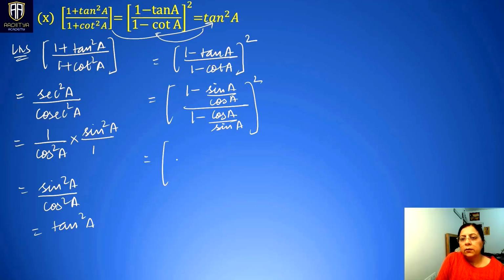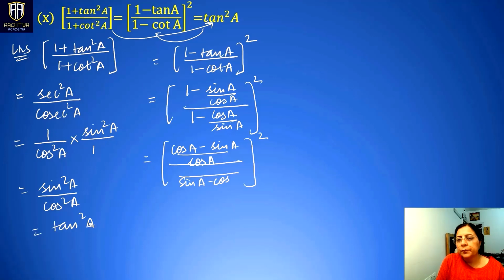So what we can see here, taking this as the denominator cos A, this is cos A minus sin A. This whole thing is raised to the power 2. We are solving just inside the bracket, and this becomes sin A minus cos A upon sin A. Sorry, I had to write this in the numerator. Now how can we do this?